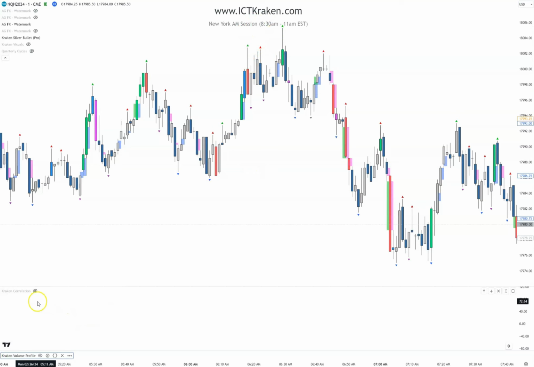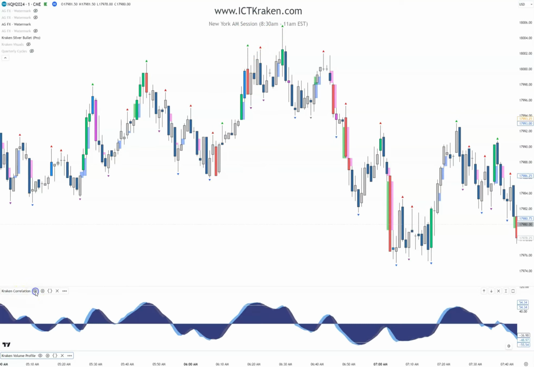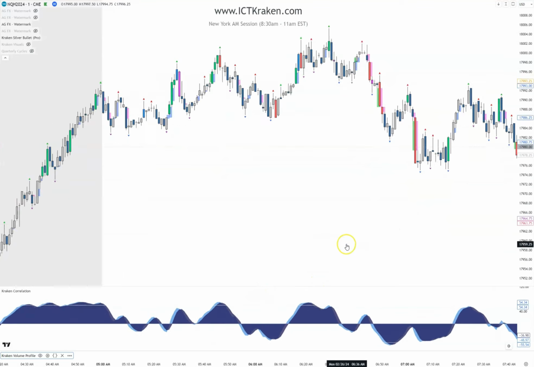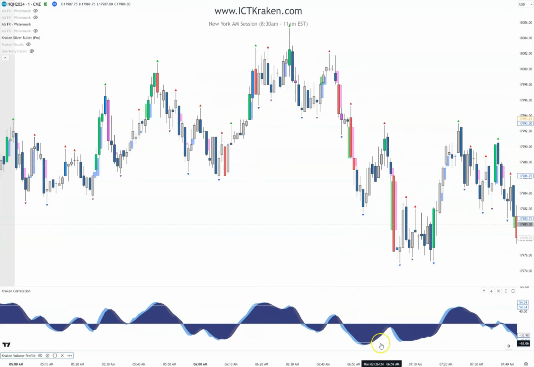The other indicator that I'm using a lot is the Kraken Correlation, and basically what that is, is momentum, the waves, right? What I want to see is basically looking for divergence here, and I use this as a confluence to find divergences, hidden or regular divergences, to tell me when it's a good possible trend continuation or a trend reversal, right?